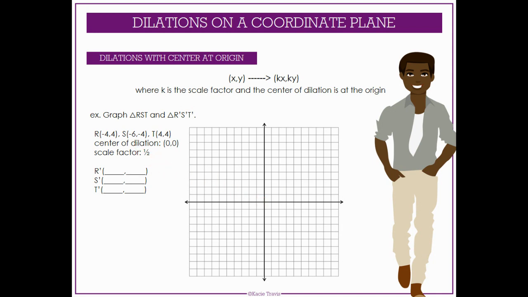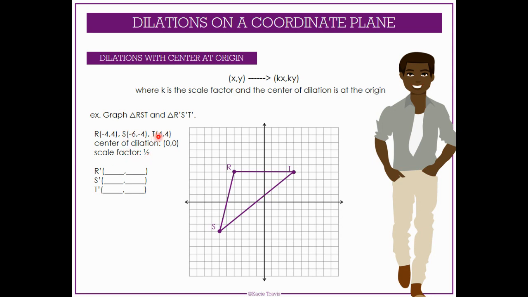Let's graph our first shape. We have R at -4, 4, S at -6, -4, and T over here at 4, 4. Let's connect those. Now, when we're dilating, we take the scale factor, which is 1/2, and multiply each of these points by that.